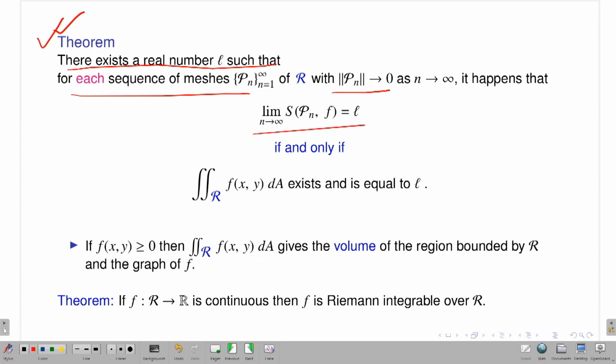Suppose this limit exists, that means the limit as n approaches infinity of the Riemann sum S associated with the partition Pn for the function f, and suppose the value is L. This happens if and only if the Riemann double integral of f exists and the value is exactly equal to L. Okay.